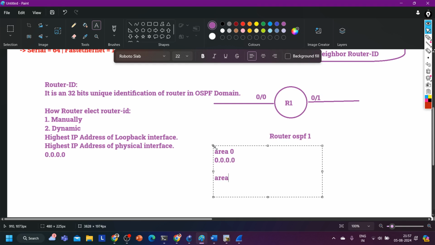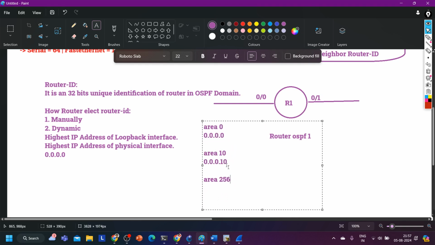If I am saying area 10, it will represent like 0.0.0.10. If I am saying area 256, then how is the router going to represent this area, guys? 0.0.1.0. Getting my point?